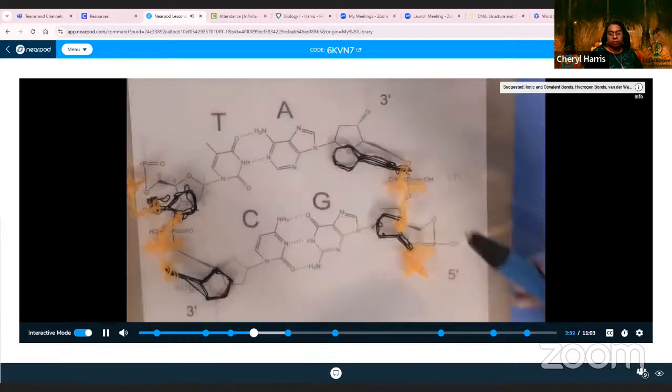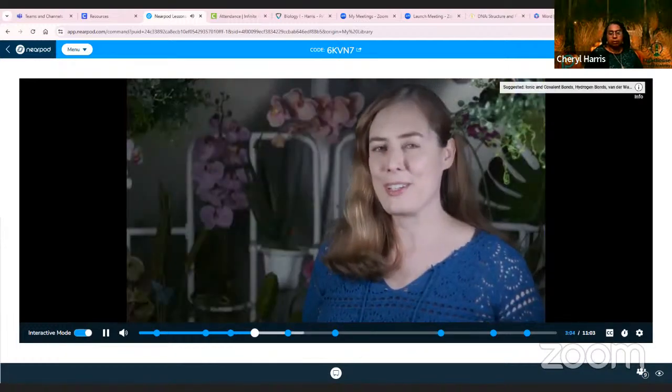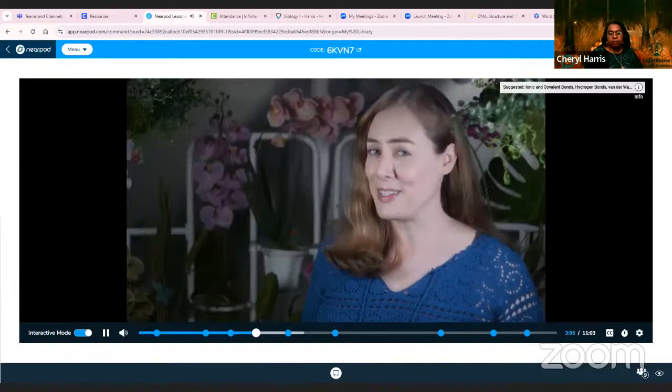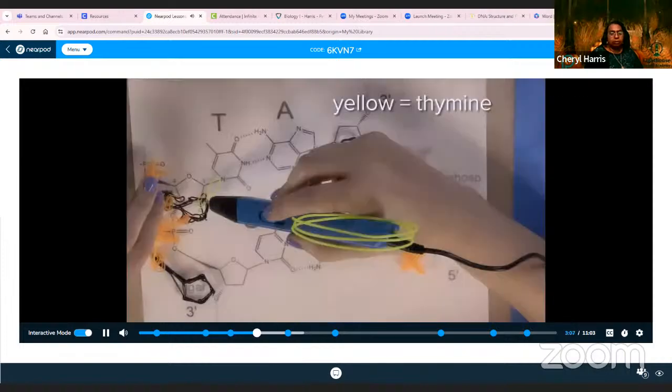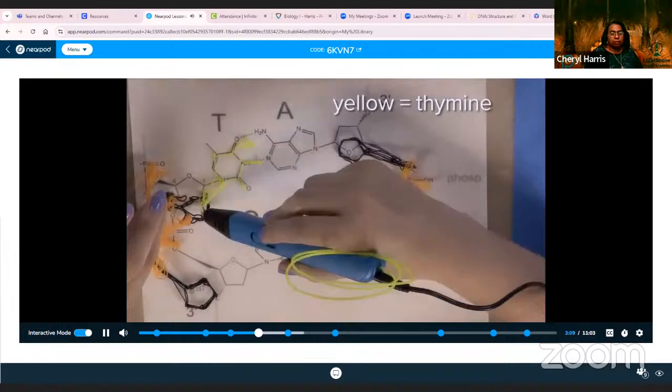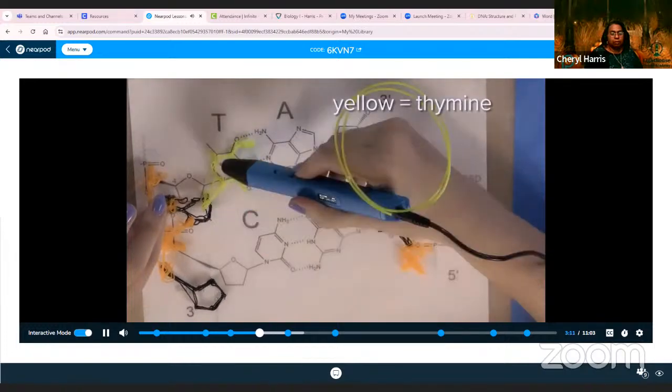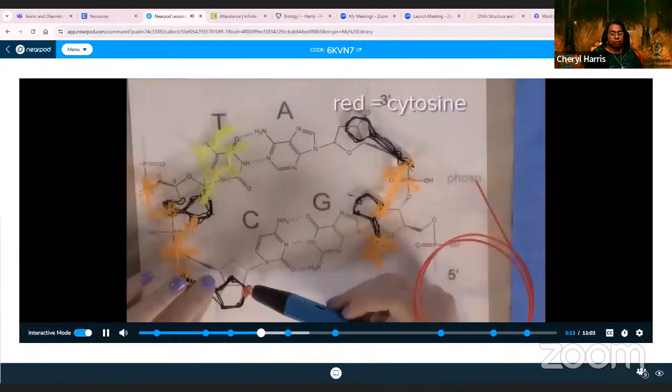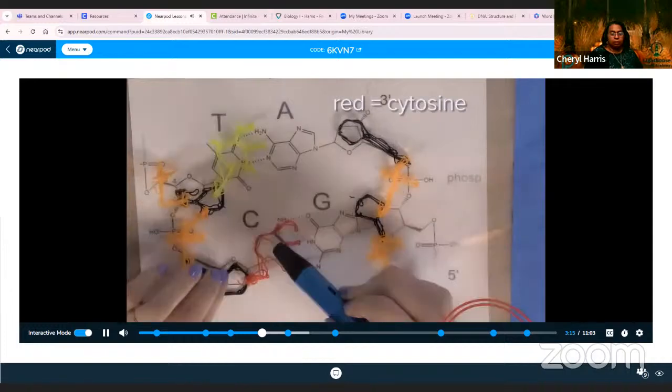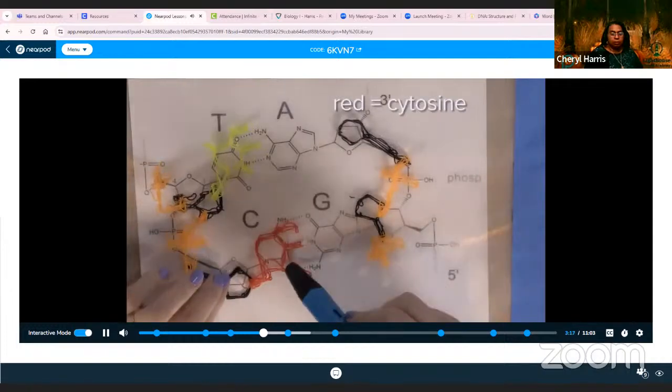Now, let's look at the rungs of the ladder, which is really the business end of DNA. These rungs of the DNA ladder are made up of 4 different kinds of nitrogenous bases: guanine, adenine, thymine, and cytosine, abbreviated GATC.